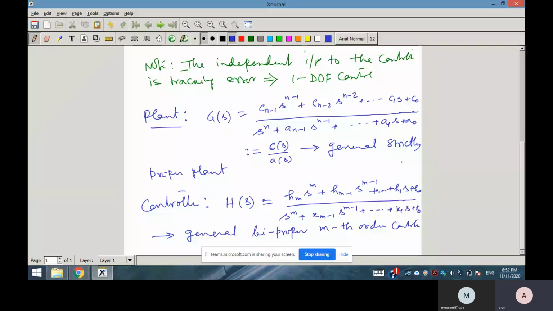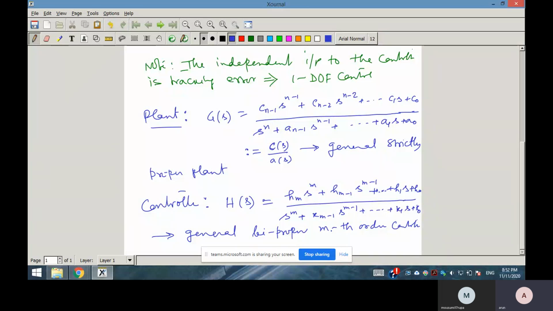The plant is always strictly proper in nature, because physical plants have low frequency behavior like a low pass filter. All physical plants are like that, but the controller is in our hands.